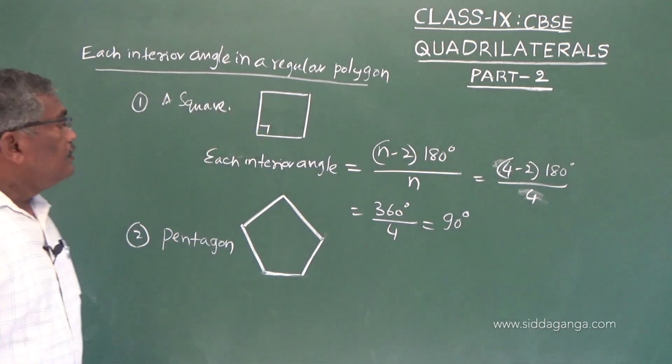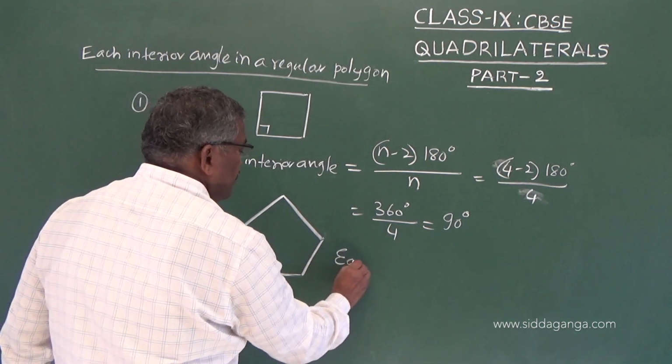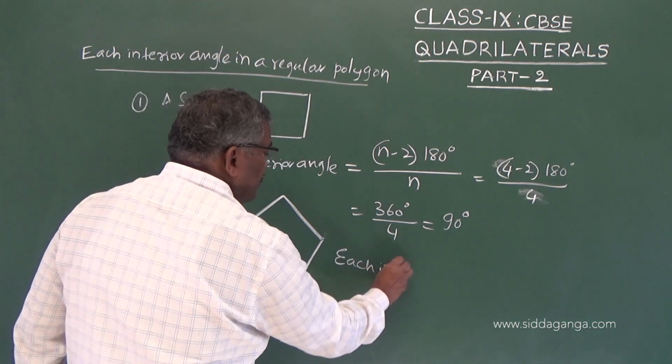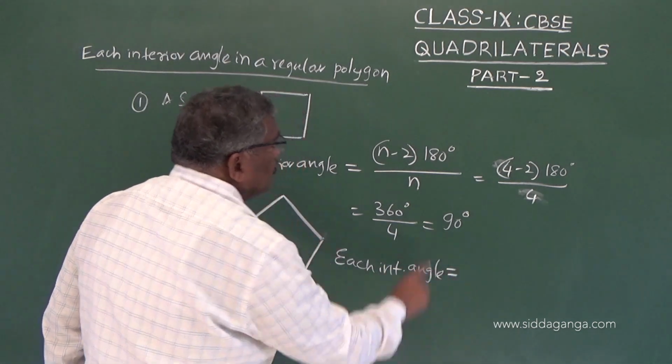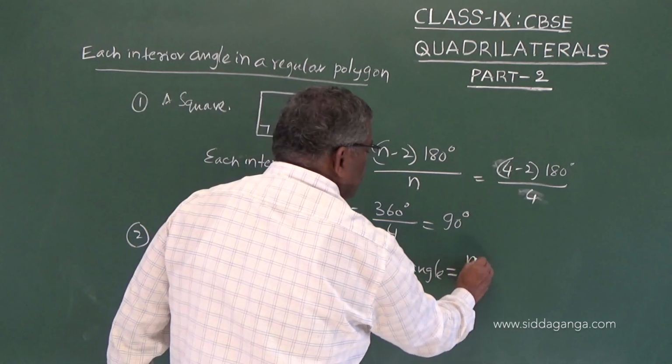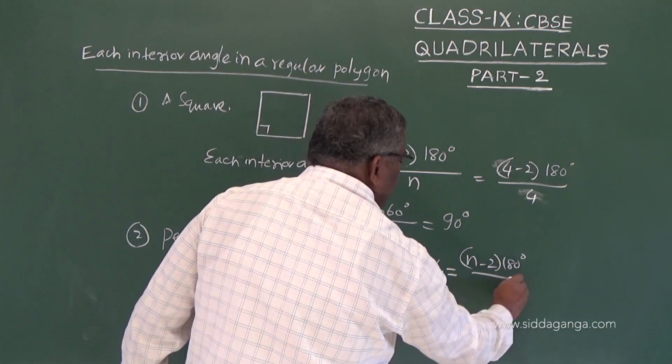Now the same formula, each interior angle will be equal to n minus 2 into 180 divided by n.